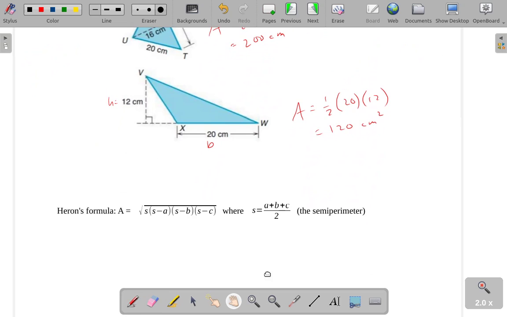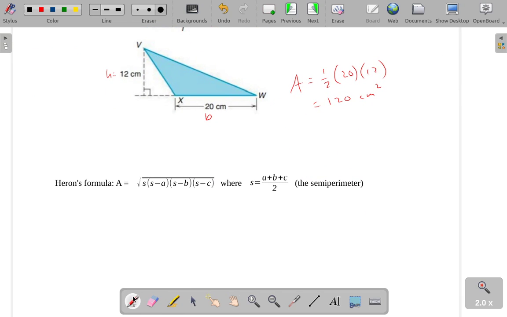Heron's formula is actually a nice formula if we only have the side lengths of a triangle. You can use Heron's formula to find the area of the triangle. None of the examples we see in this class will require Heron's formula, although the book does talk about it.